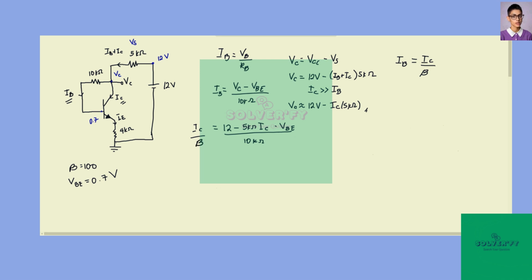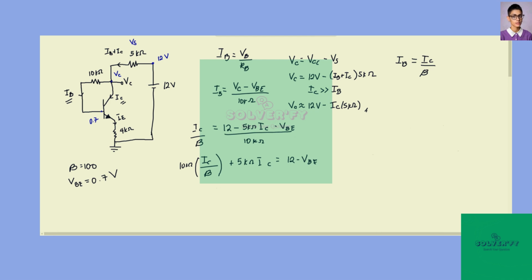Isolating IC, we get IC over beta times 10 kilo ohms plus 5 kilo ohms IC is equal to 12 minus VBE.